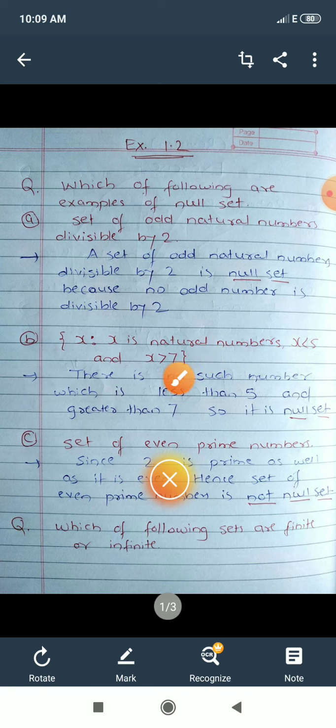Tell me, do you find any number which is less than 5 as well as greater than 7? Is it possible? Definitely it is not possible. So there is no such number which is less than 5 and greater than 7. So it is a null set.